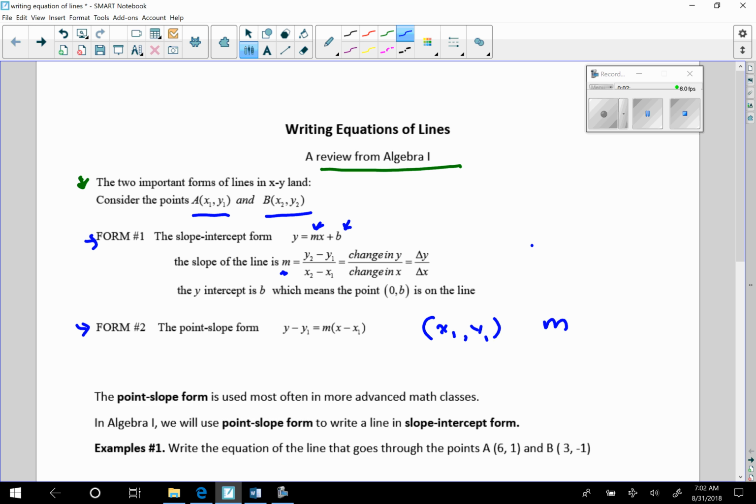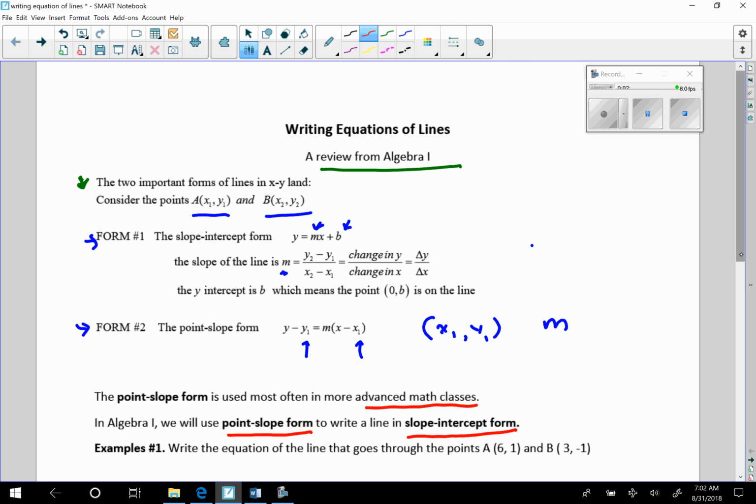And you can see the x sub 1 and y sub 1 here. The point-slope form is used most often in more advanced math classes. But in Algebra 1, we will use point-slope form, and that will give us a good way to write a line in slope-intercept form.